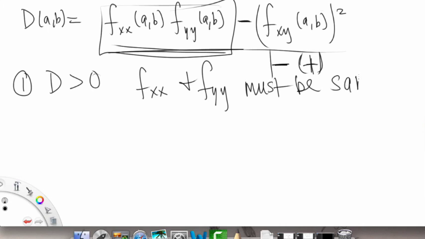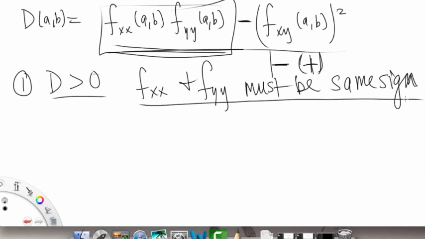Otherwise, we get a negative number in front if they're opposite signs, and then minus another positive number, so that would be overall negative, and that's not possible if we want our D to be positive. So that requires our fxx and fyy to be the same sign.